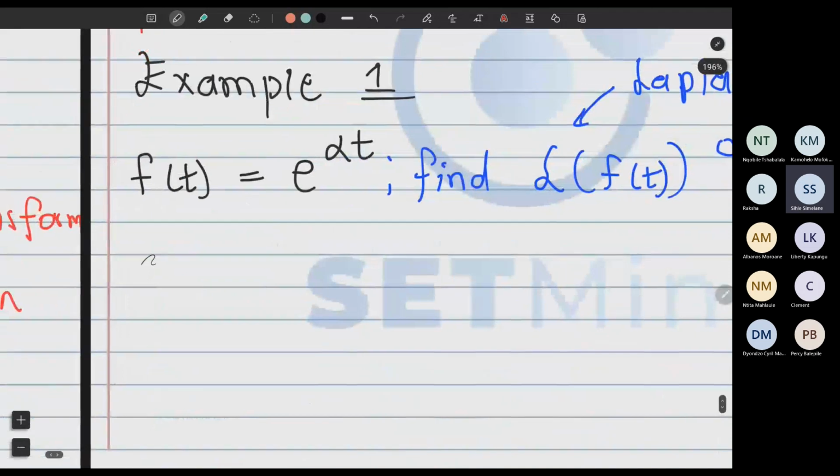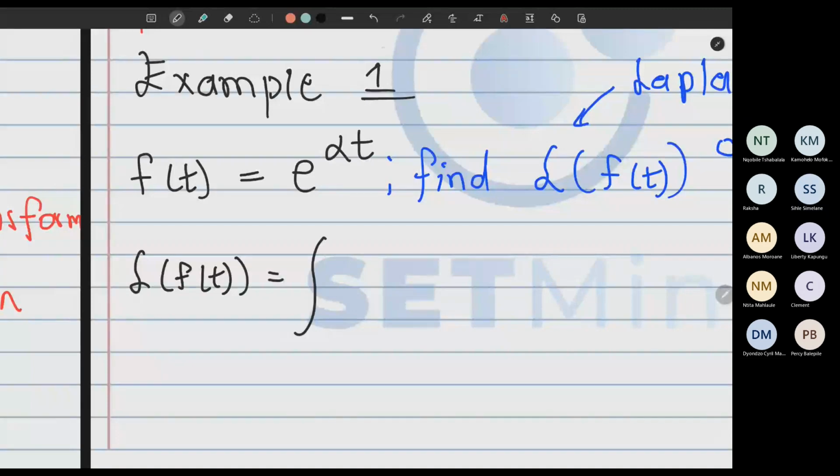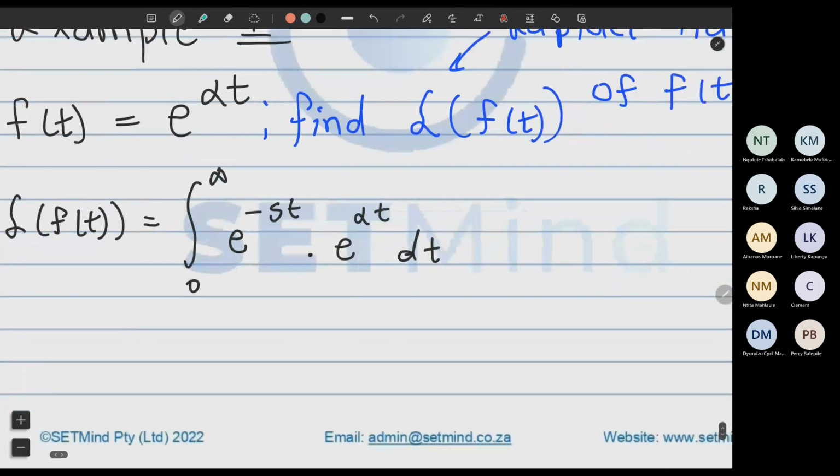So the Laplace transform of f of t is equal to the integral from 0 to infinity of e to the negative st times our f of t, which is e to the alpha t, dt. High school maths: same base, we are multiplying the two, so the exponents should add up.